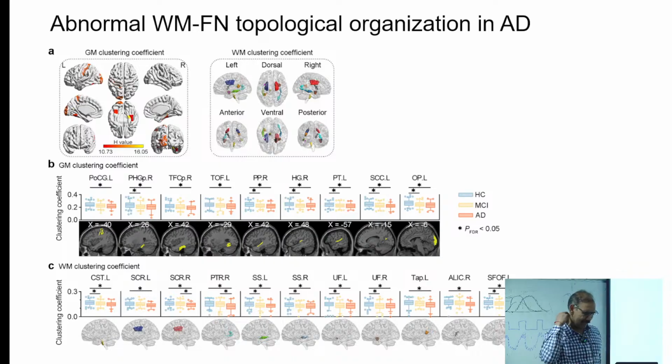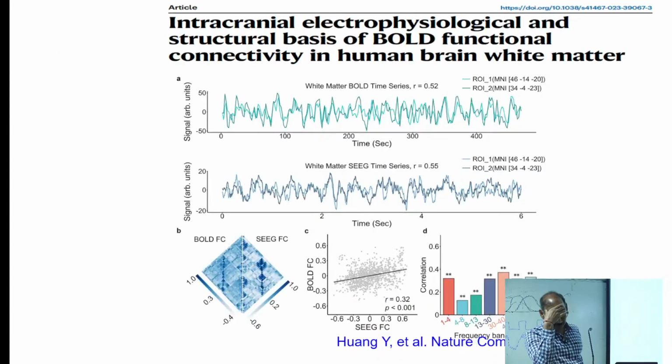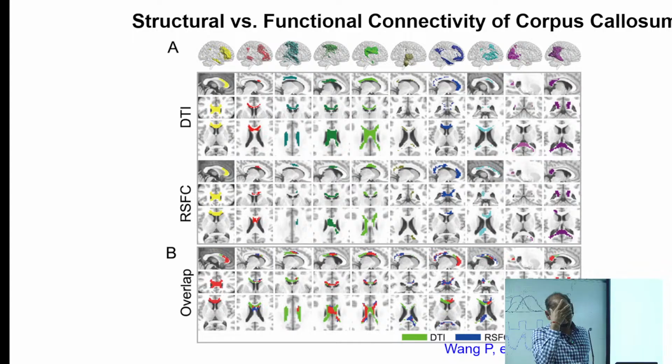Yeah, so I thought I would, I'm underestimating, or overestimating my time. But we have used this for a couple of disorders like schizophrenia and epilepsy, in addition to white matter.